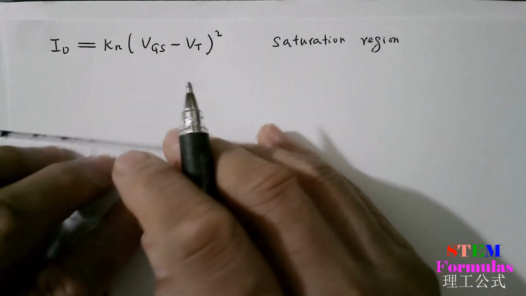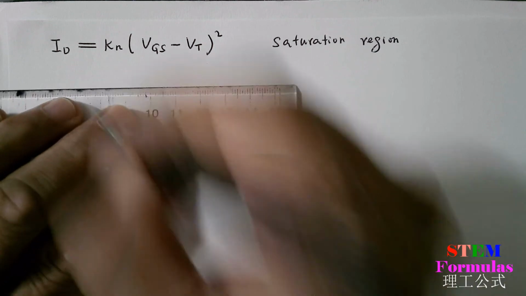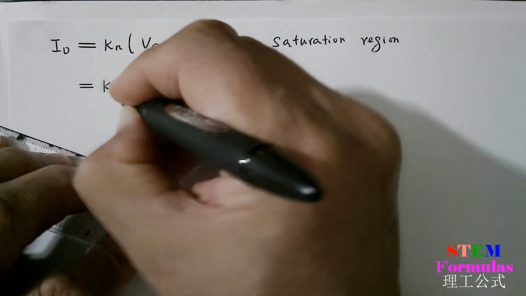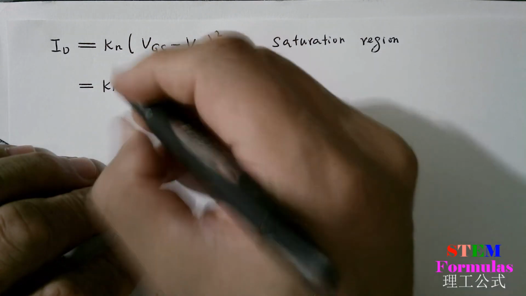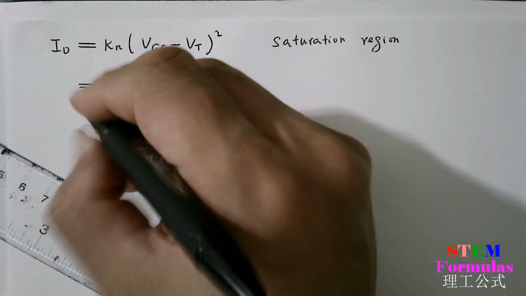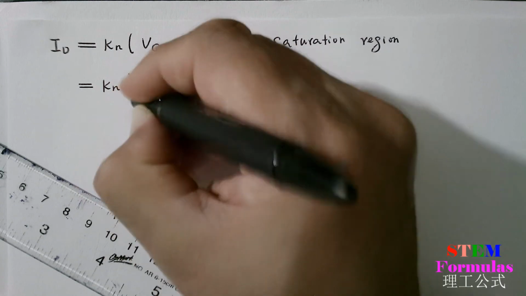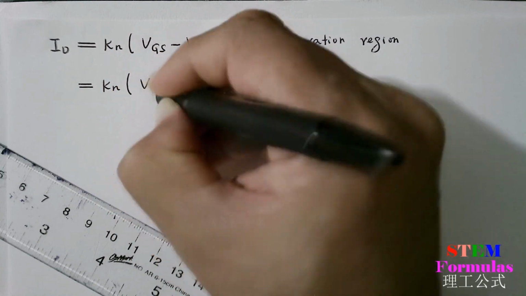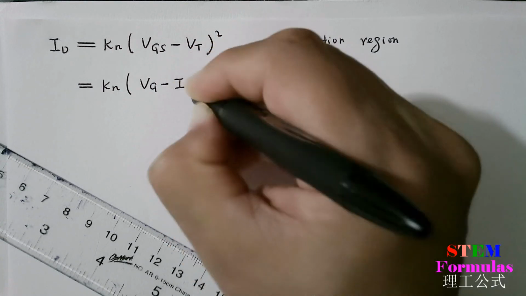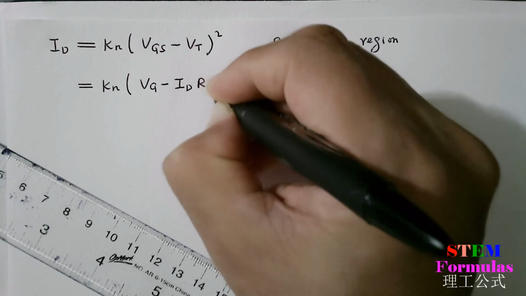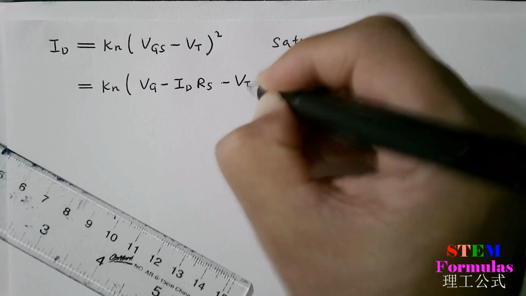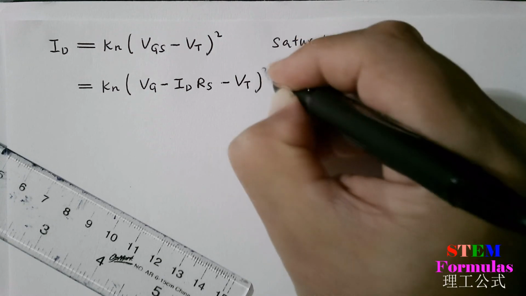Now, once we have this formula, we can substitute VGS, and we obtain ID equal to Kn times the bracket VG minus ID RS minus VT, squared.